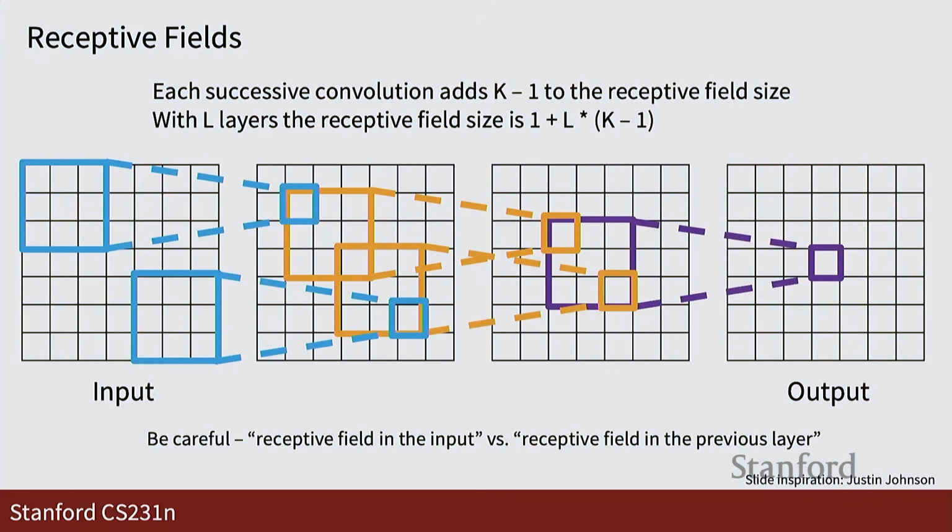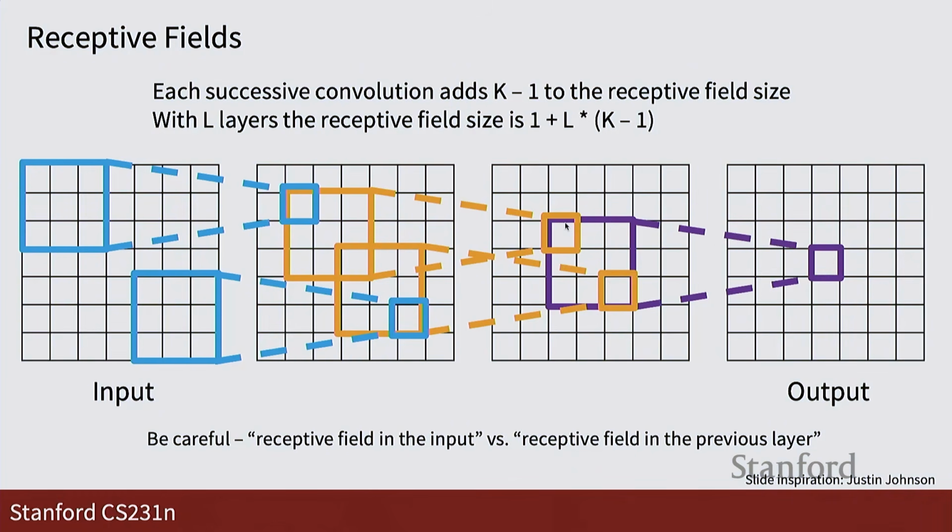But if we build a convnet that's stacking multiple convolutions on top of each other, then these receptive fields get magnified through the network. So in this case, we're looking at a network with 3 convolution layers. And we see that in the final layer of activations, each entry here depends on a local region in the layer before it.